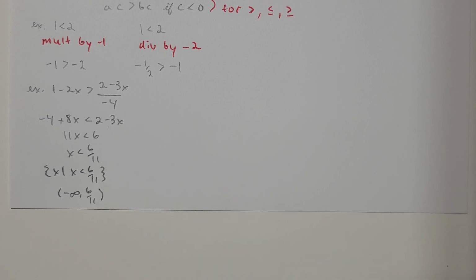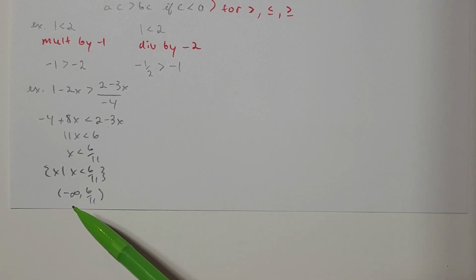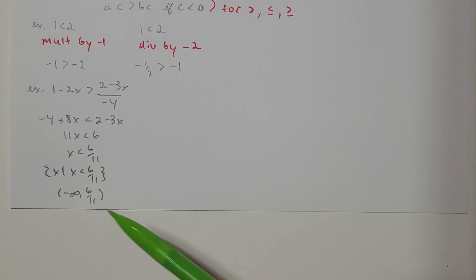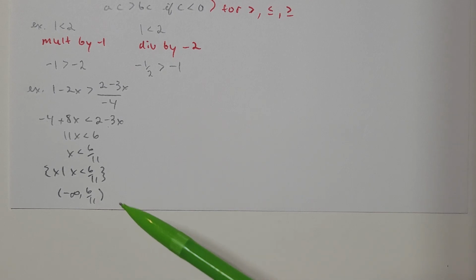And if I wanted to use interval notation, anything less than 6/11 means I'm heading towards negative infinity. And so I have negative infinity to 6/11 as a parentheses at both ends, right? Because we're not including 6/11. So either one of these two forms would be the answer, okay?